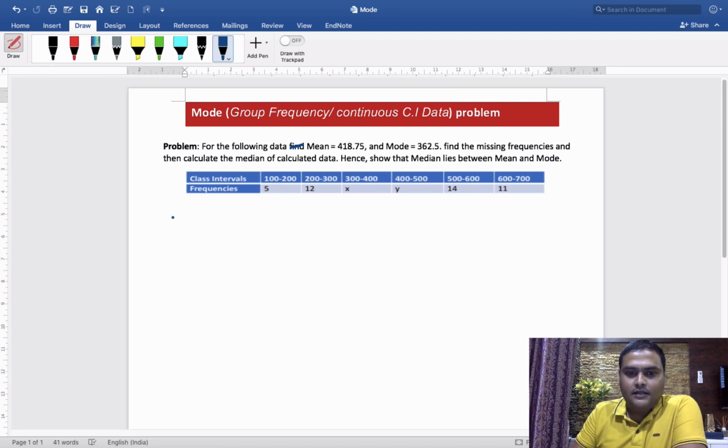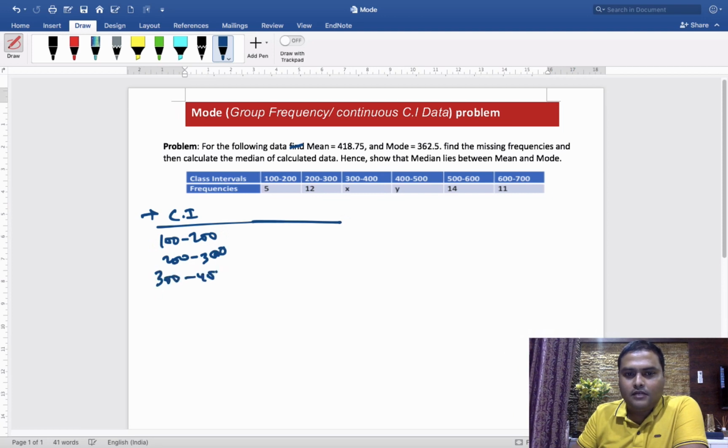Class intervals: 100 to 200, 200 to 300, 300 to 400, 400 to 500, 500 to 600, and 600 to 700.